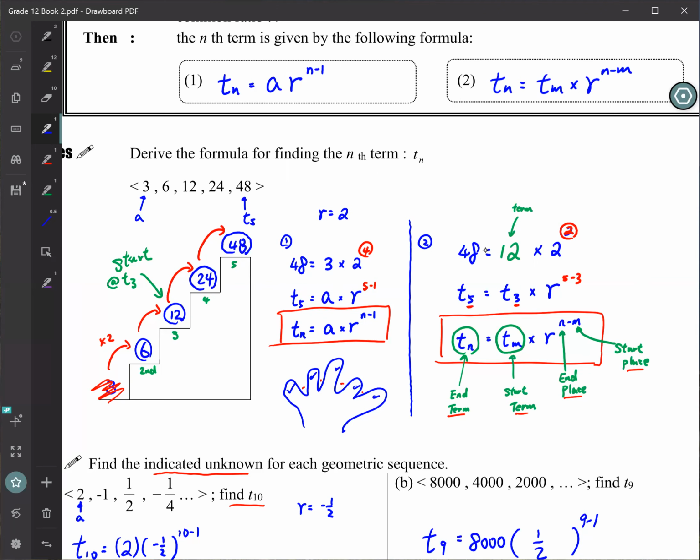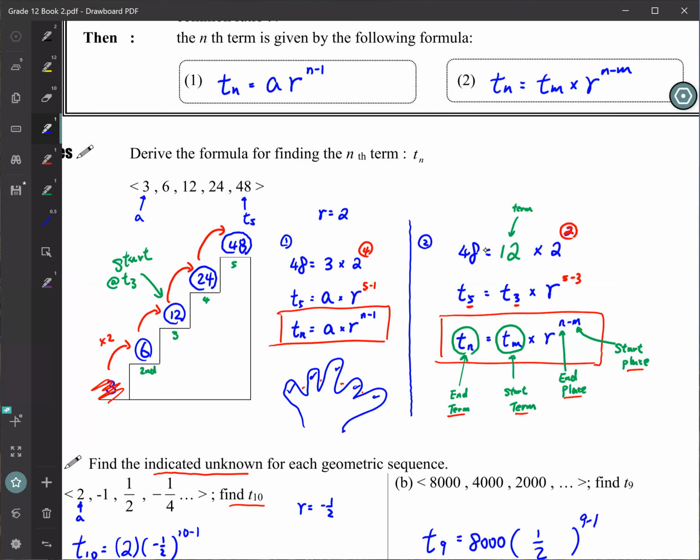Okay, so now remember I told you that formula 1 is inside formula 2. Because formula 1 is saying we want to start with T1, that means M has to be 1. So if you look at the formula, if I change the M into 1, it will be T1 times R to the n minus 1.